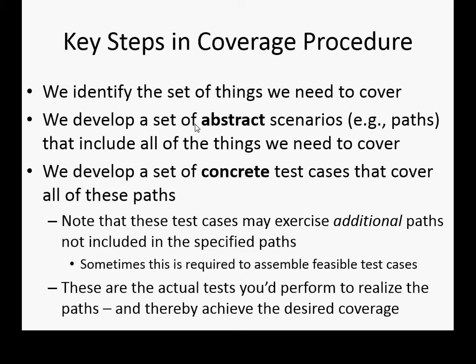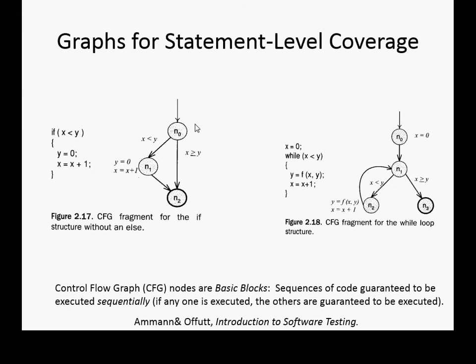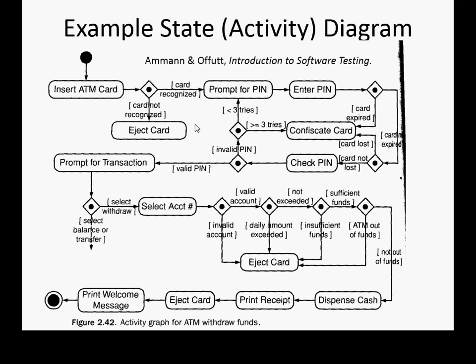We need to go here, we need to cover this. It's kind of like going back to this guy here. I might say, okay, I need to cover all these states. So I need some state that will confiscate the card, right? Suppose I wanted to do state-based coverage. So I would say I need a flow that goes, for the sake of my internet viewers, I'll do it this way.